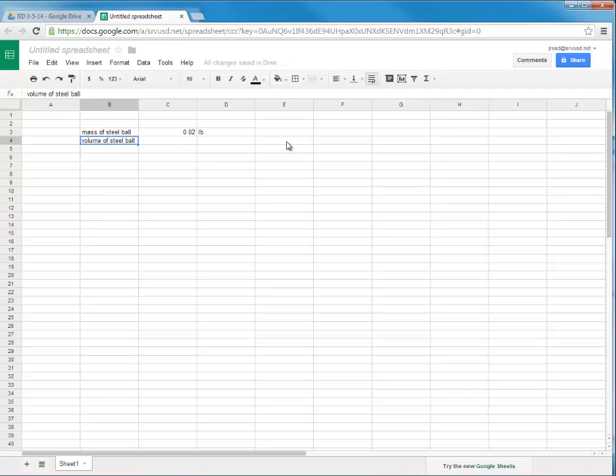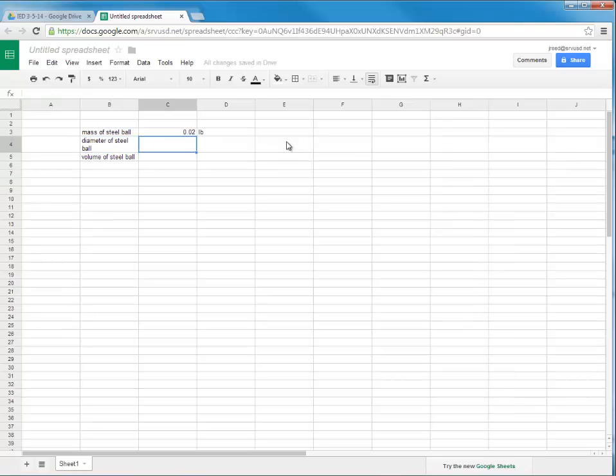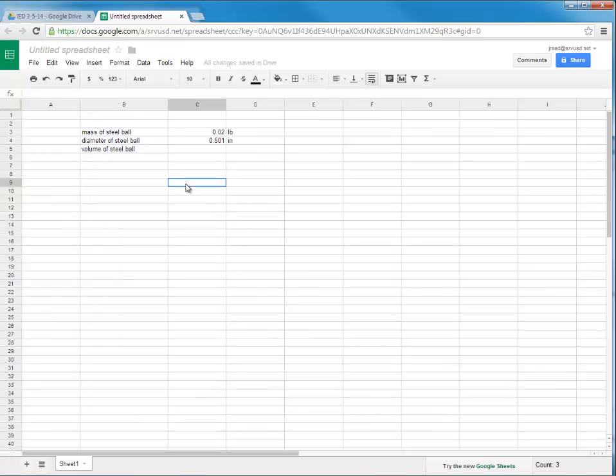I'm going to do a Control X for cut, Control V for paste, and instead I'm going to put the diameter of the steel ball. Okay, and that was 0.501 inches.